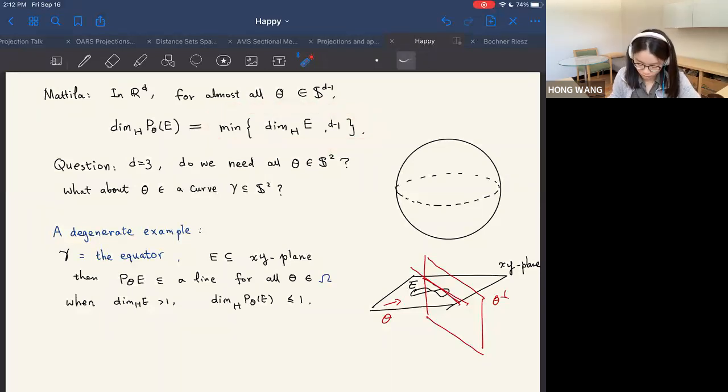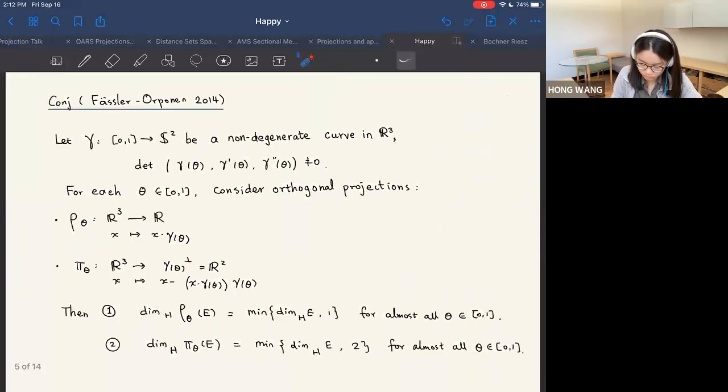However, if we rule out this degenerate example, there is a conjecture by Fässler and Orponen in 2014, which says that if gamma is a non-degenerate curve in R3, non-degenerate meaning that the determinant of gamma theta, gamma prime theta and gamma double prime theta is non-zero.